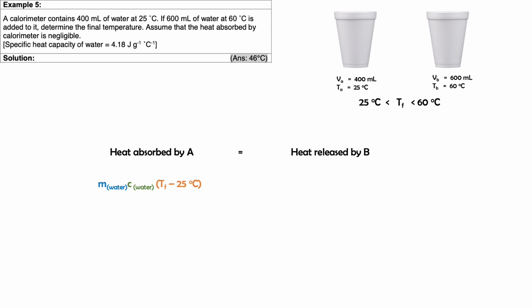So we apply mc delta T, like this. TF for A should be higher, so we put it in front here. But for B, since TF should be lower than 60 degrees Celsius, we put it here. Alright, so let's calculate like this.